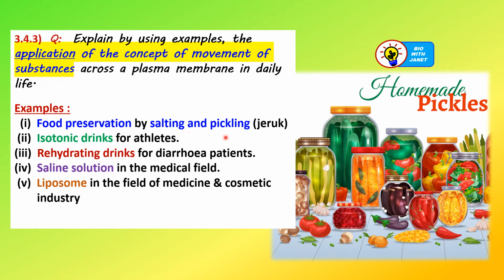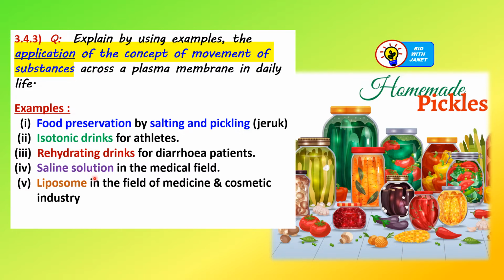So the examples of the application of osmosis in daily life are: number 1, food preservation by salting and pickling. Pickling means to make jeruk, which are sweet, sour, and salty foodstuff that are preserved, like pickled mango or pickled lime and so forth. Number 2, isotonic drinks for athletes. Number 3, rehydrating drinks for diarrhea patients.